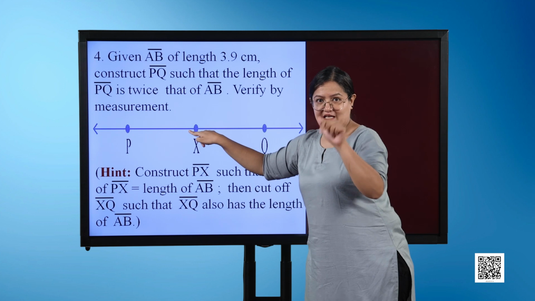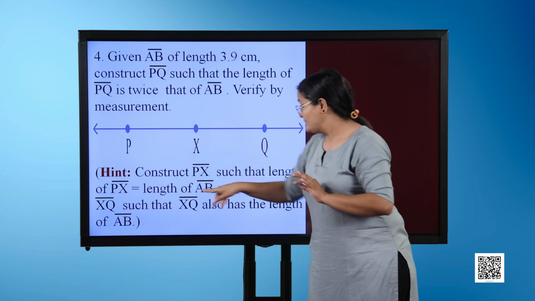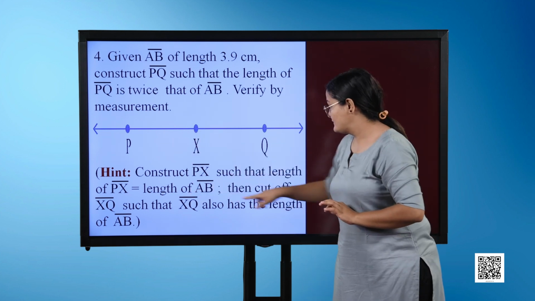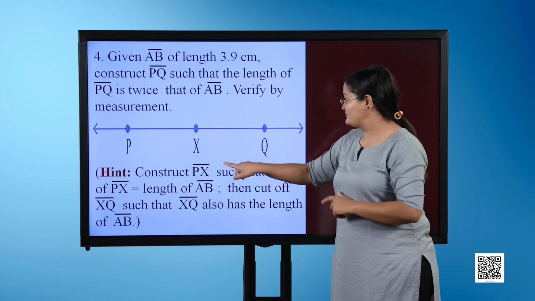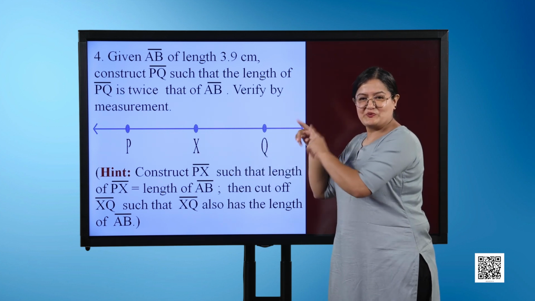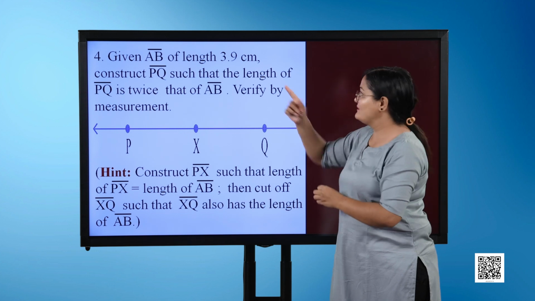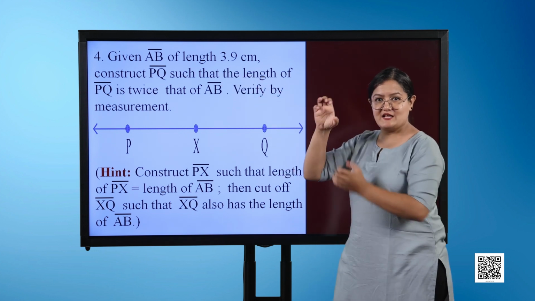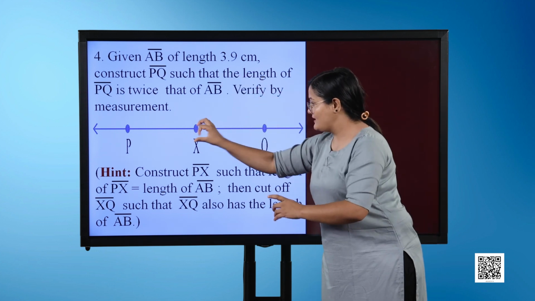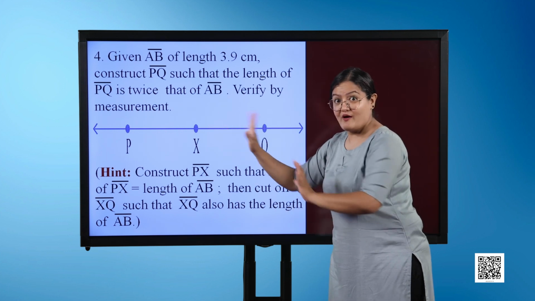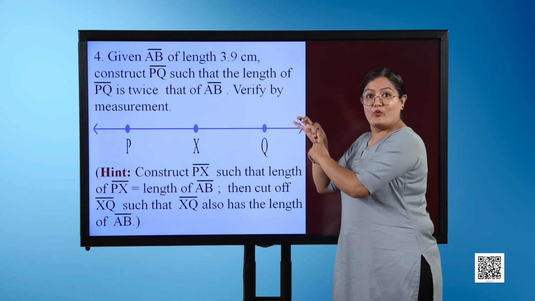Verify by measurement. We have a figure of the segment PQ. Hint: construct segment PX such that length of segment PX is equal to length of segment AB. Then cut off segment XQ such that segment XQ also has the length of segment AB.